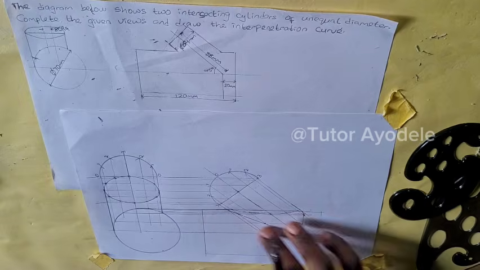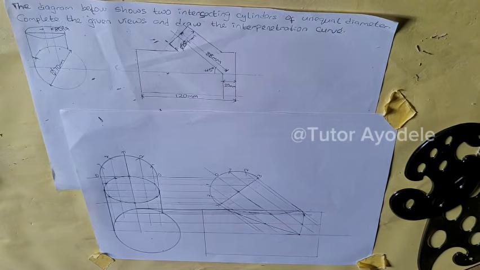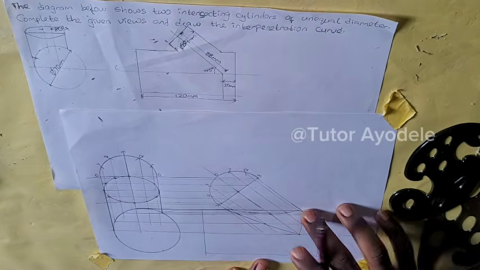So this is the second intersection or interpenetration curve.